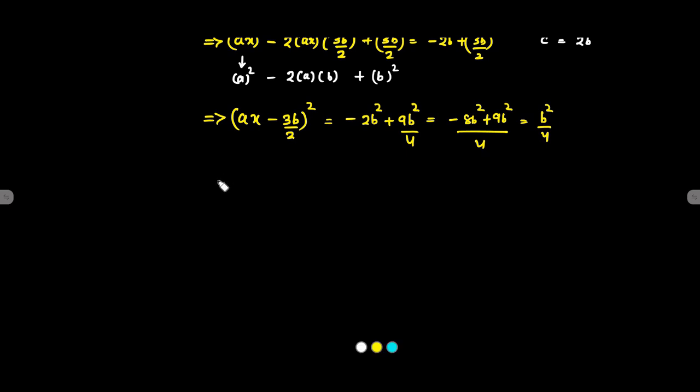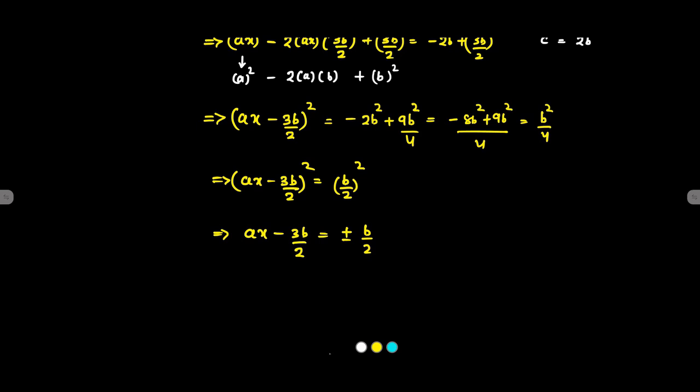That implies ax minus 3b by 2 whole square is equal to b by 2 whole square, which is b square by 4. That implies ax minus 3b by 2 is equal to root of this much, which is equal to plus minus b by 2.